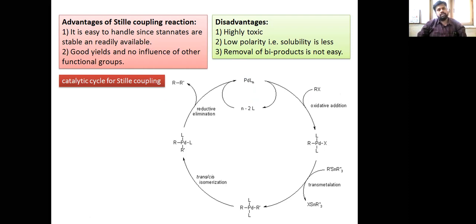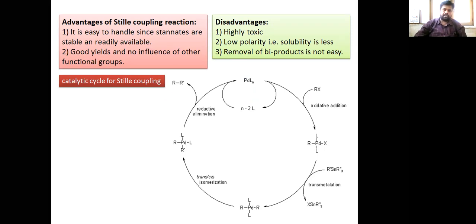Second, it gives good yields and the influence of other functional groups is not a concern. Disadvantages: some of the stannanes are highly toxic, with low polarity and less solubility, and the byproducts that are formed are not easy to remove from the reaction mixture.